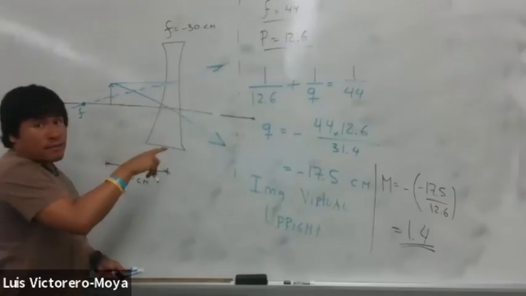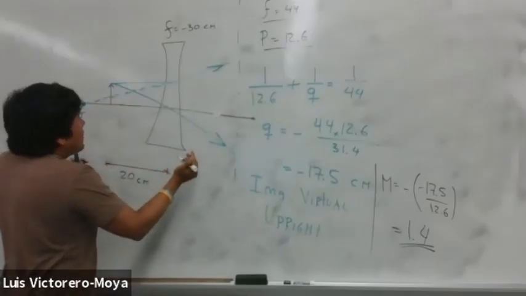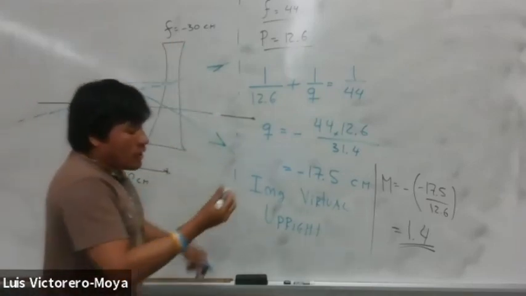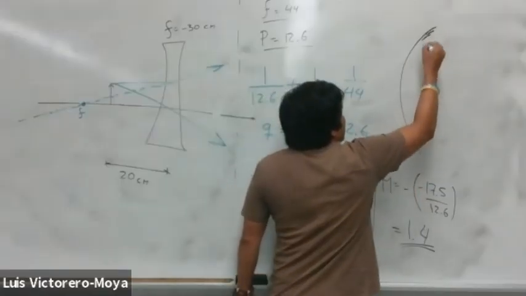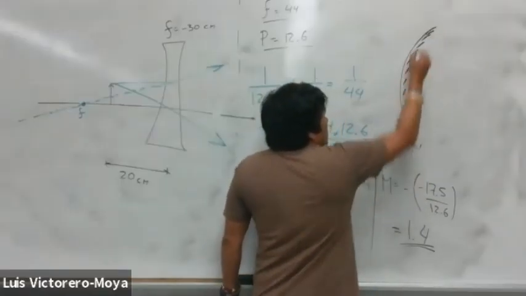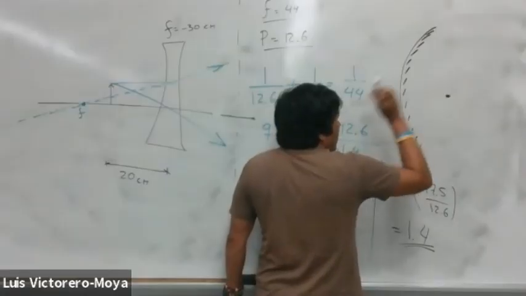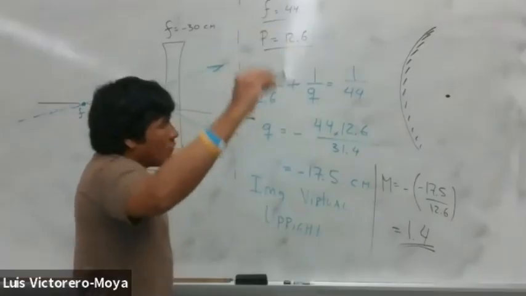For all lenses, there are two focal points. The difference is because there are two surfaces. For the mirror case that we just had, there is only one surface, the one here. So the focal point is just the one there. Think about it in terms of a parabola, all right?